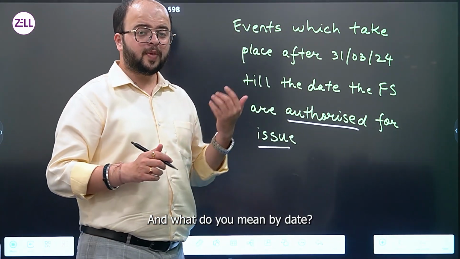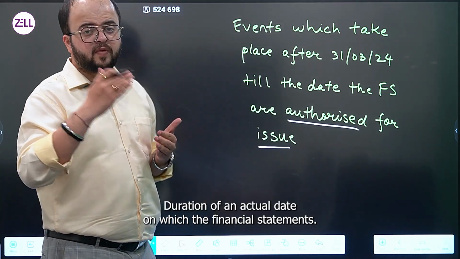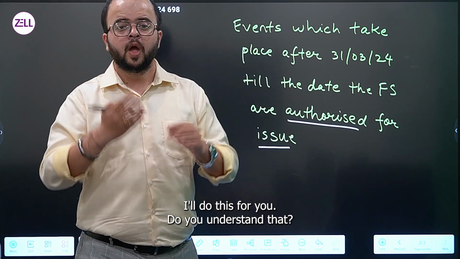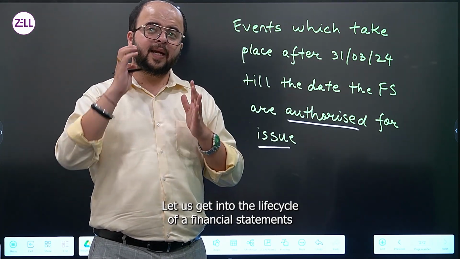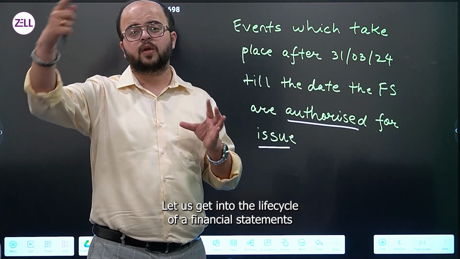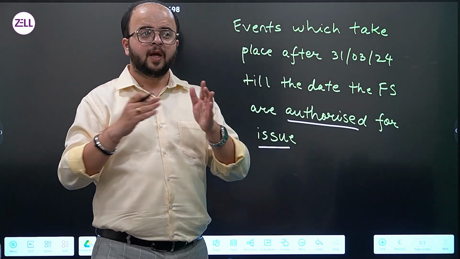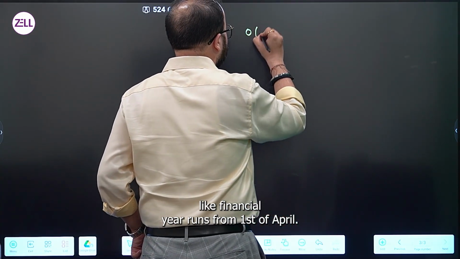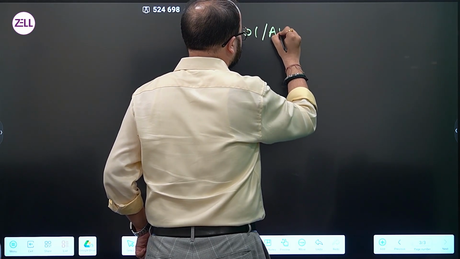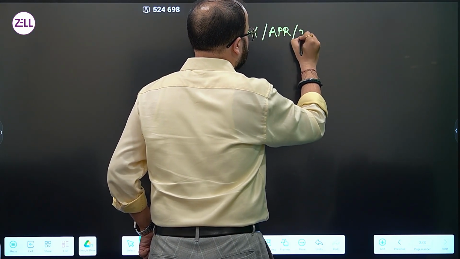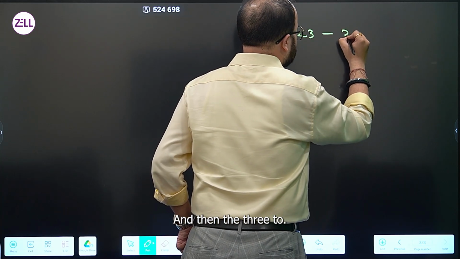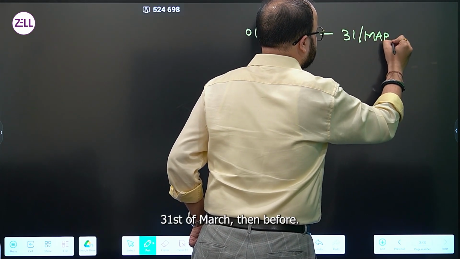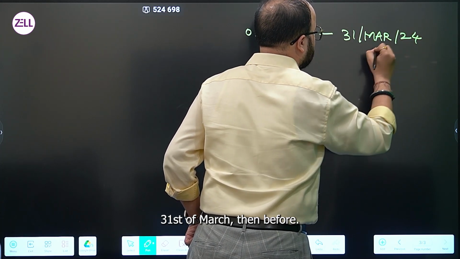And what do you mean by the date on which the financial statements are authorized for issue? To understand that, let us get into the life cycle of a set of financial statements. My financial year runs from 1st of April 23 to 31st of March 24.